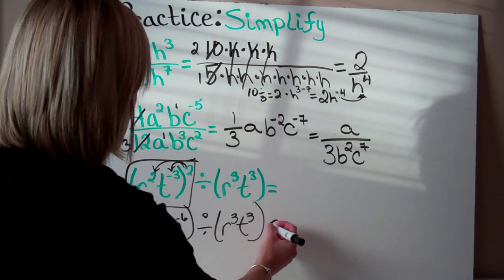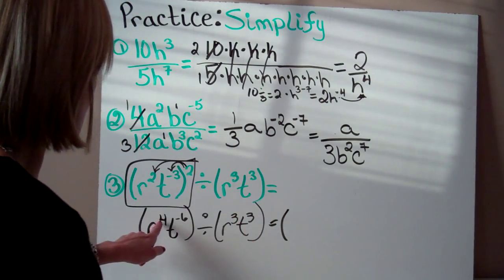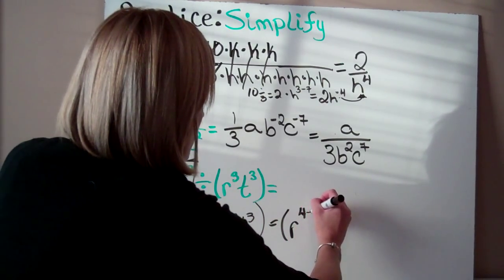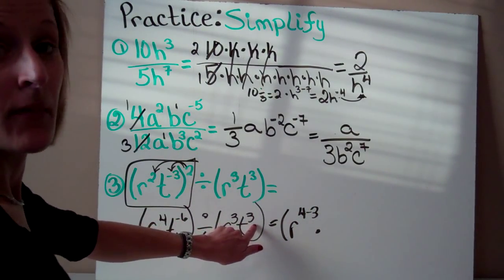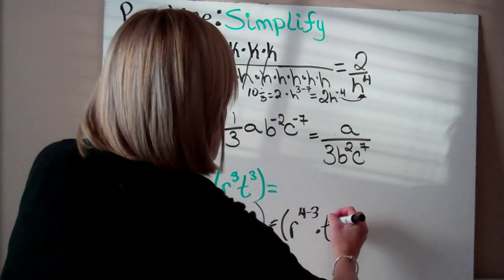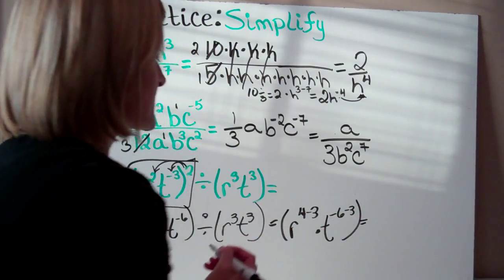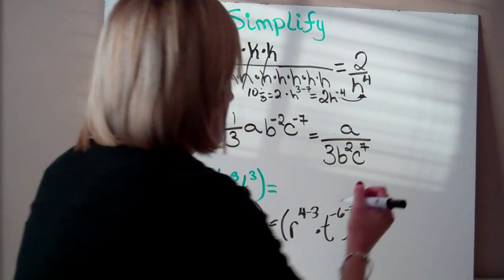Okay, so with my r's, I have 4 minus 3, so r to the 4th minus 3. For t, it's negative 6 minus 3. That's going to give me 4 minus 3 is 1, so I have r.